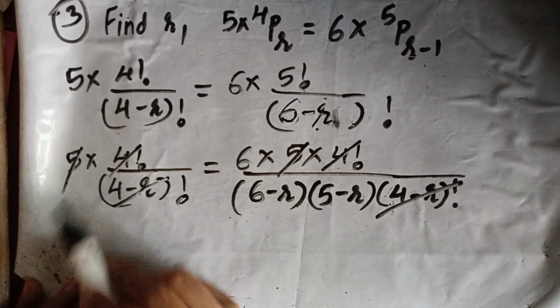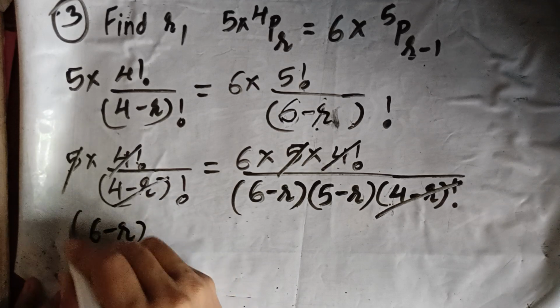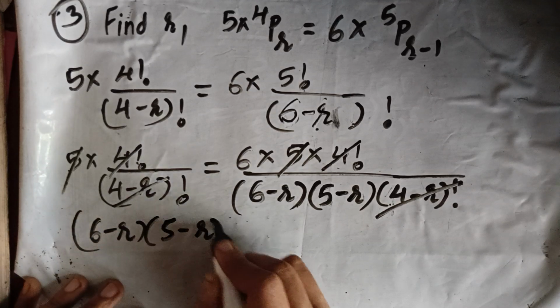So this thing I'll take this side. So this will be 6 minus r into 5 minus r equal to 6.